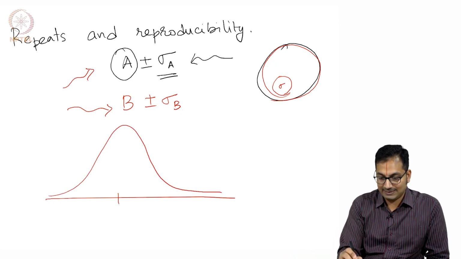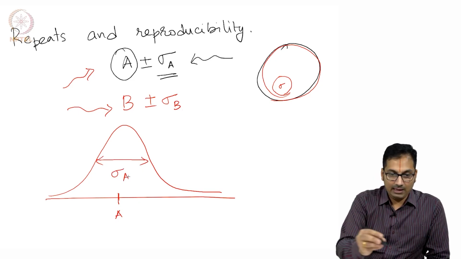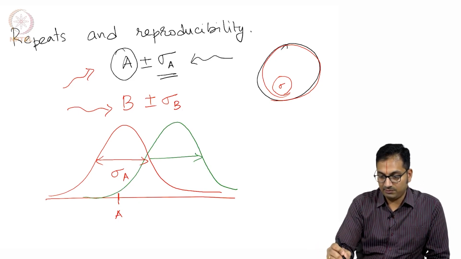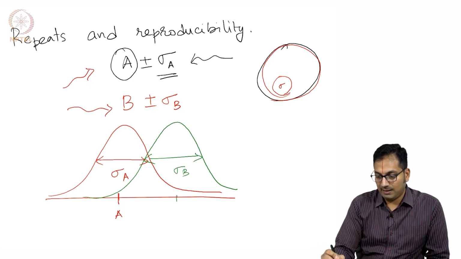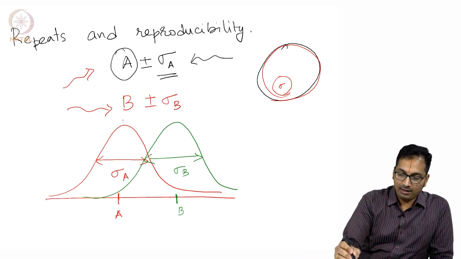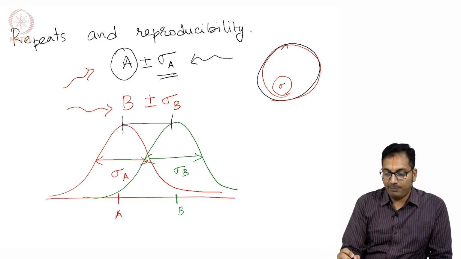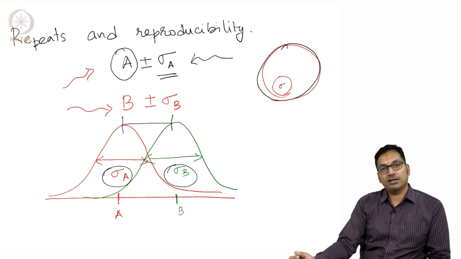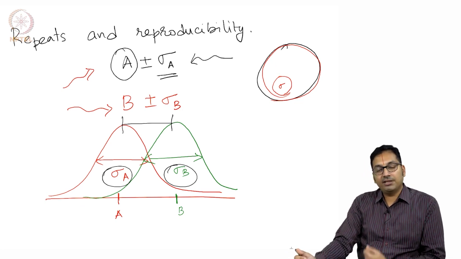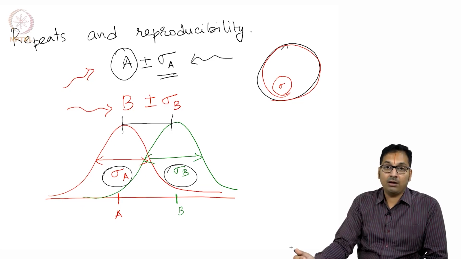So in this case, this is A with the width given by sigma A, and let us say B is given with a width sigma B, and this is its average. Now the question is, how far are these two peaks in comparison to the standard deviations, and depending upon that we will be ascertaining whether A and B that were measured for the same parameter are agreeing or not.